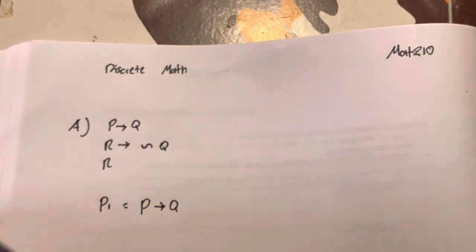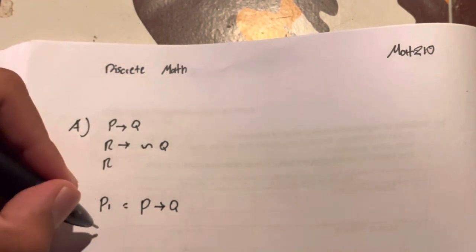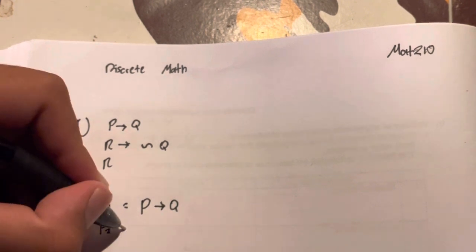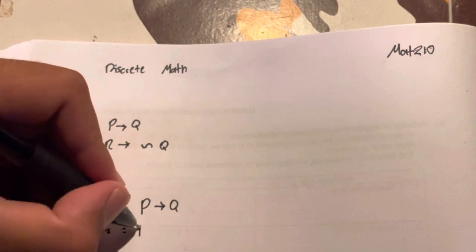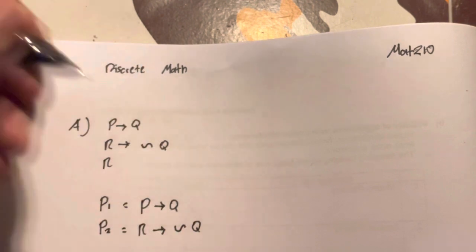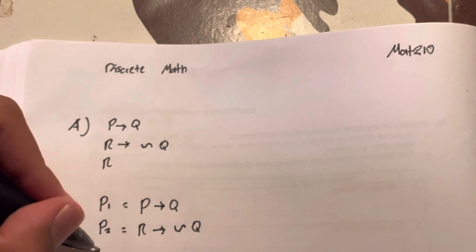Next, R equal to not Q, so we name it P2, which is R to negative Q. And lastly, the single R as P3.